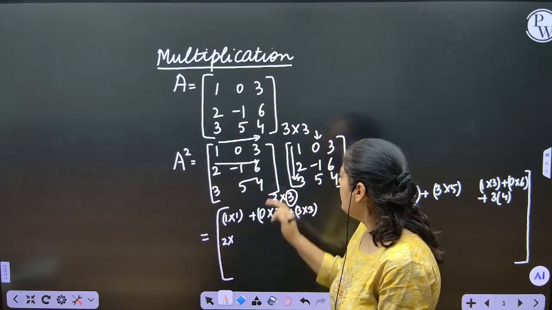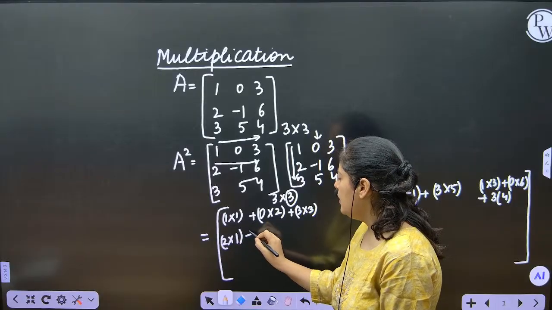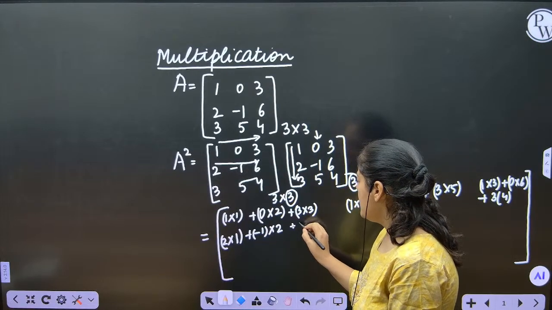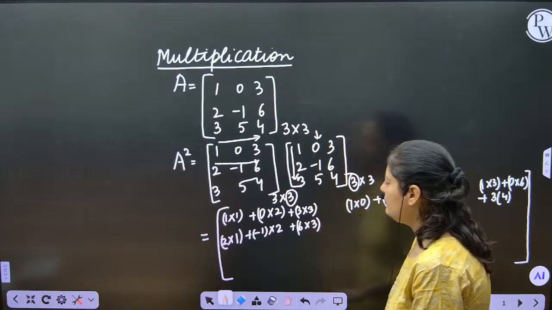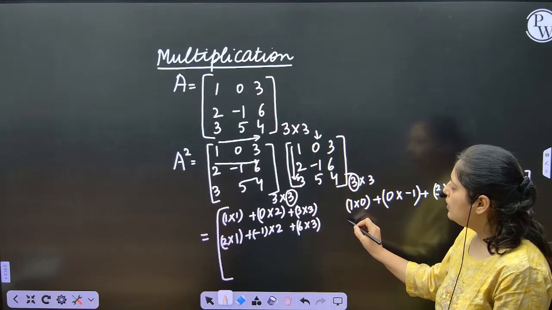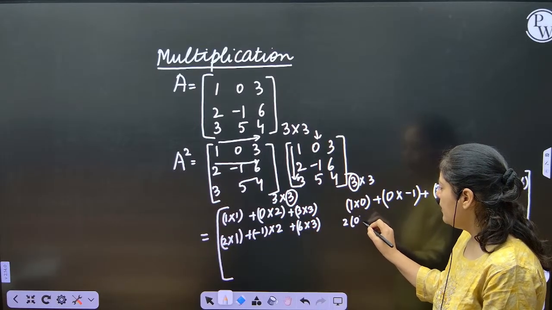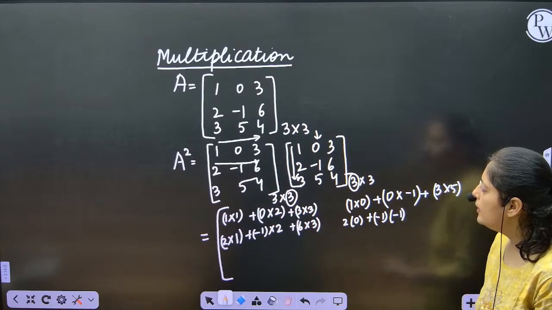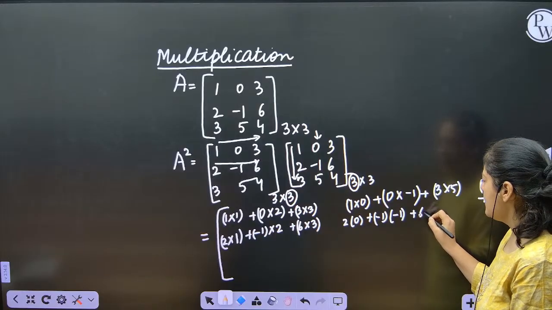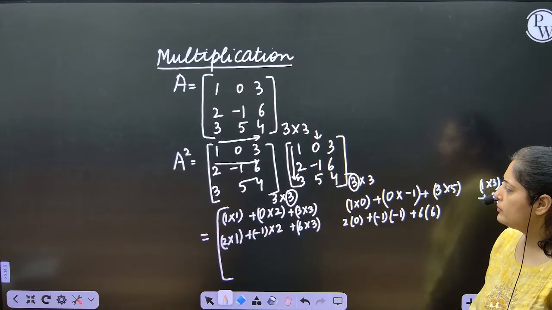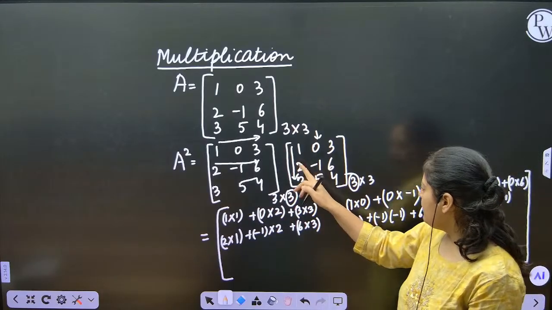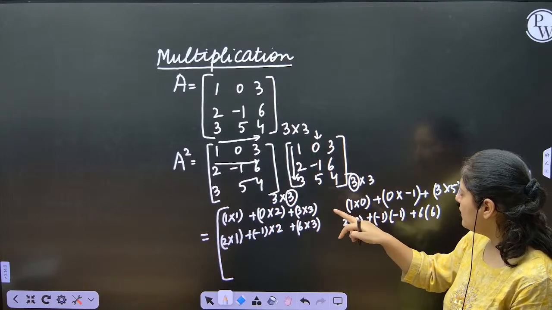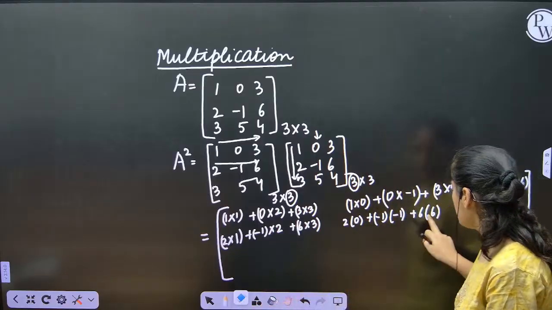Second row, first column: 2 into 2, minus 1 into 3... wait. 1, 2, 3, 0, minus 1, 6, 5. This will be 5, not 6. So 2 into 0, plus minus 1 into minus 1, plus 6 into 5.